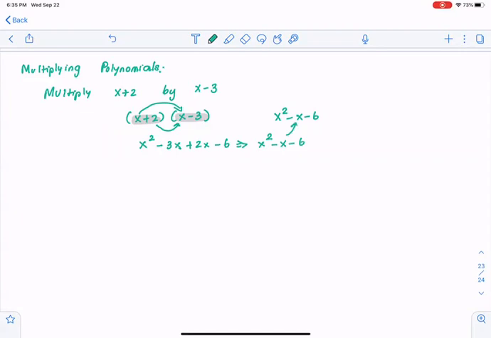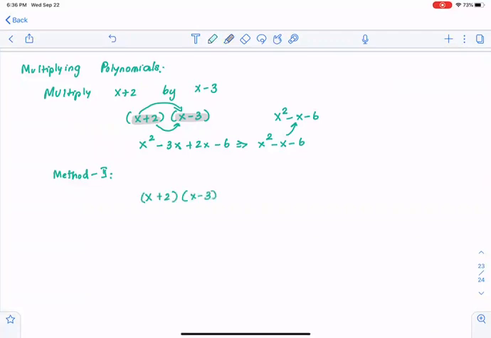Another way to think of this is this approach, which is more effective, especially if you have more than 2 terms to multiply. So how do we go about doing this?